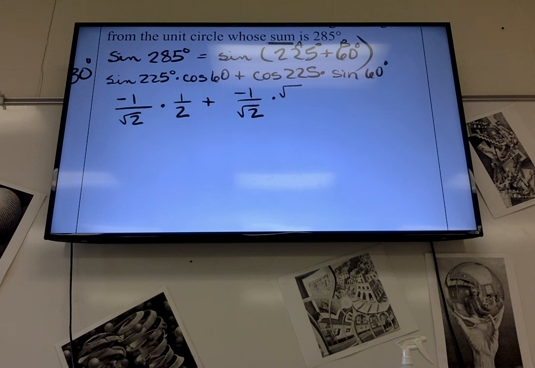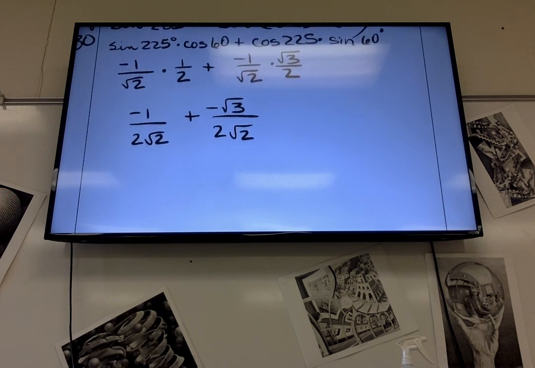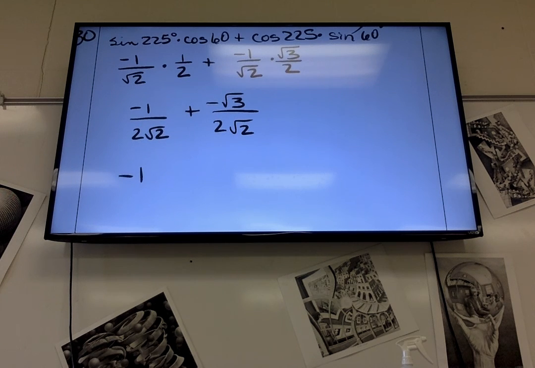Square root of 3 over 2. So top comes top, bottom comes bottom. -1 over 2 square root of 2. Plus negative square root of 3 over 2 square root of 2. So you get -1 minus square root of 3 over 2 square root of 2.